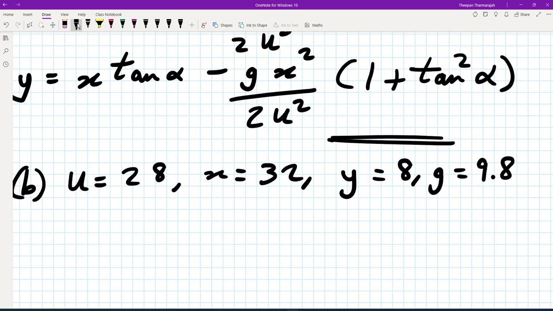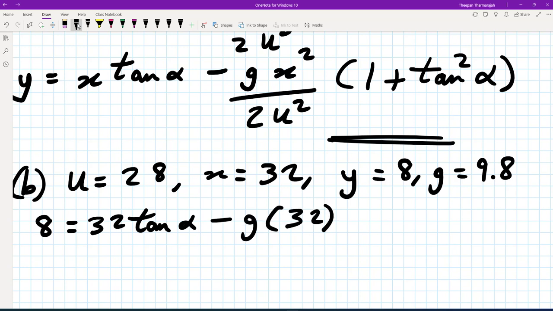Now, what we can do is say y in our case is 8, x is 32, tan alpha minus g times 32 squared over 2 times the value of u, which is 28, all squared.